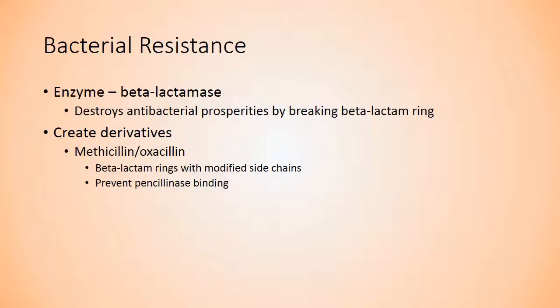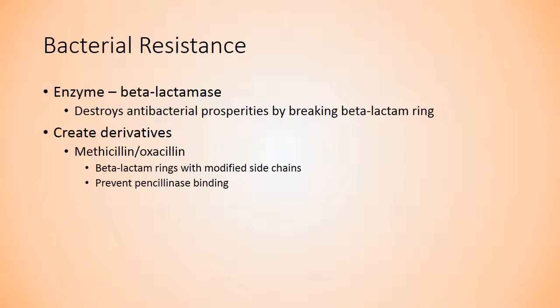So we have created derivatives of penicillin to try to work our way around that. One is called methicillin, which is what MRSA actually refers to: methicillin-resistant Staphylococcus aureus. Even methicillin is now not as well targeted towards certain bacteria because they are finding ways to break that active ring down.